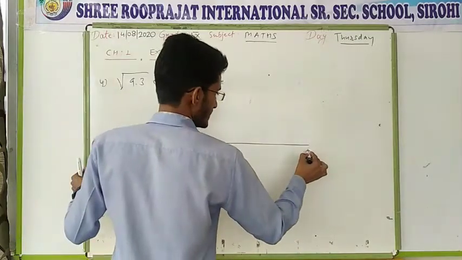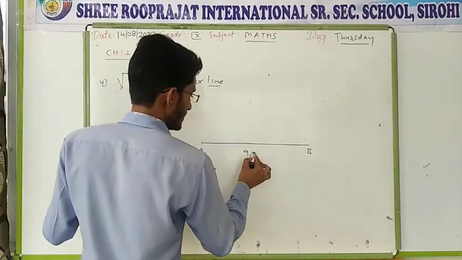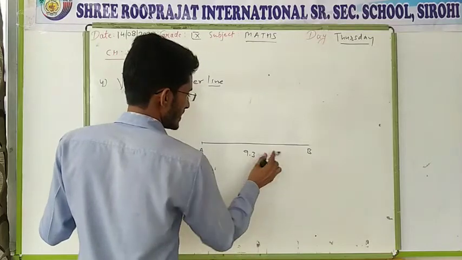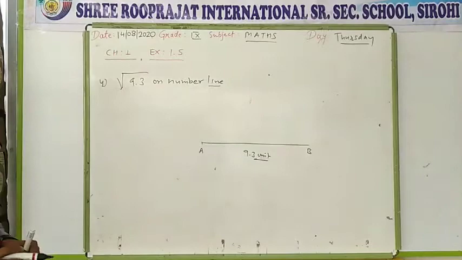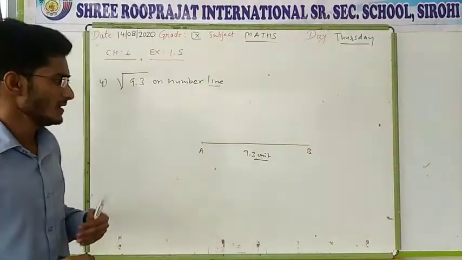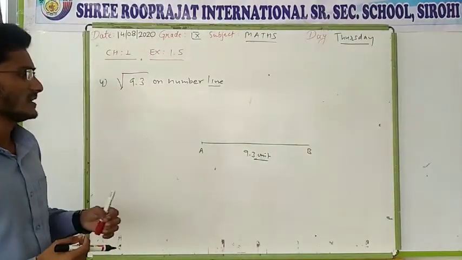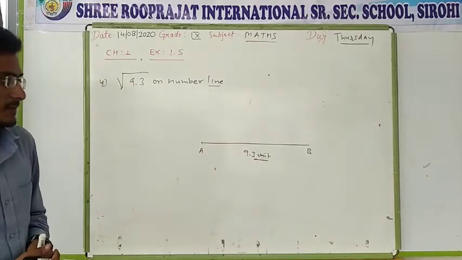Suppose it is A and it is B. 9.3 centimeter, or even you can write unit. So first of all, you have to draw a line segment AB of 9.3 units or 9.3 centimeters.